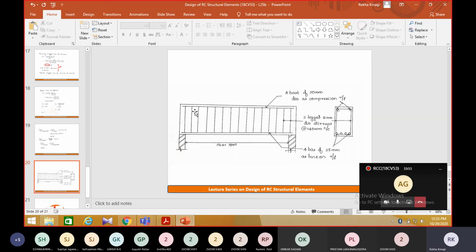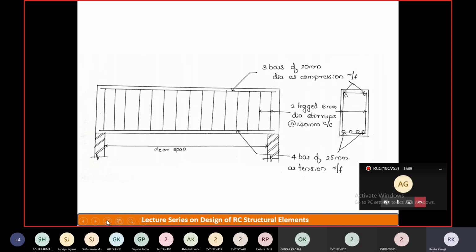So here we can say that this is the longitudinal section of the beam where the span is being shown and the width of the support on either side is being shown, and it is a cross section. Let me take the cross section at this particular level, that is if I say this is section XX, so cross section XX details are being shown.